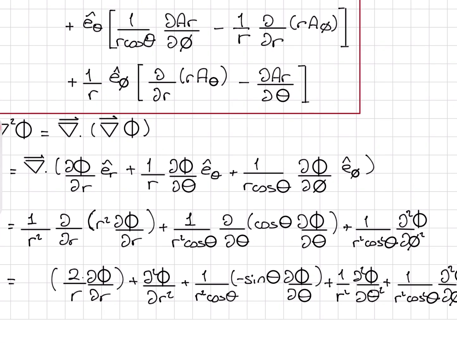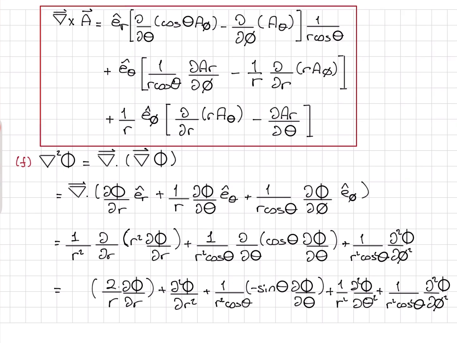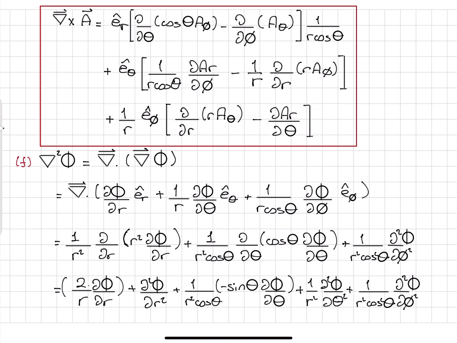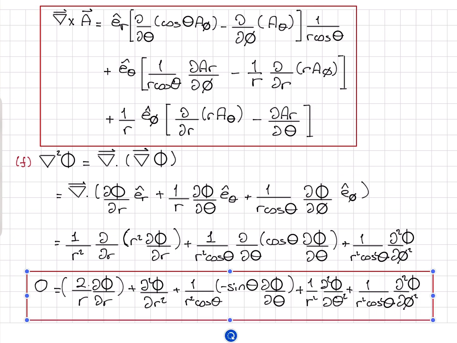And there is no simplification on these terms, so therefore this is going to be my final answer for the Laplacian of phi. And this must be equal to 0 is the Laplace equation. Therefore, Laplace equation written in toroidal coordinates is basically the Laplacian of phi written in this form is equal to 0.